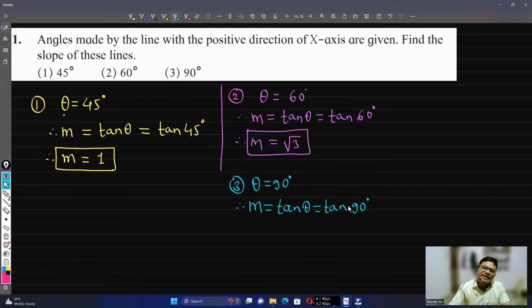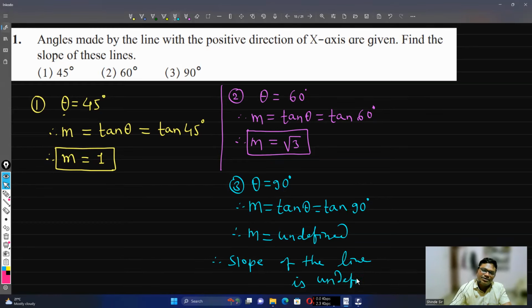Since the value of tan 90 is undefined, therefore slope is undefined, or we can write therefore slope of the line is undefined.